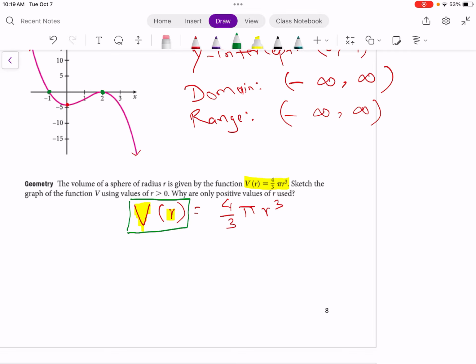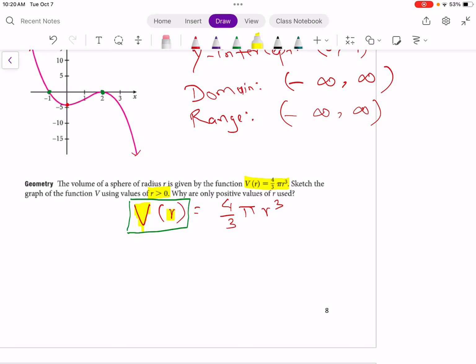Now here it's asking us to sketch a graph for this function for r greater than 0. Now why do we need r to be greater than 0? Why can't we have r equal to 0 or less than 0? Now we are talking about the radius, right? Our r is a radius. Can r be 0?